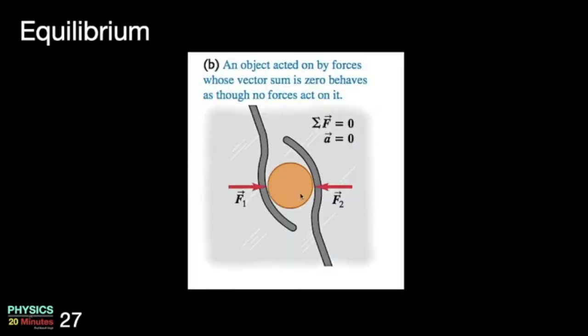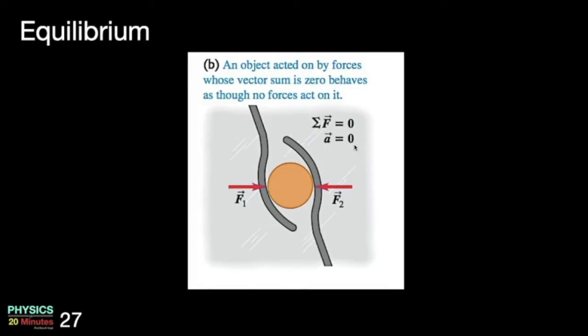So here is an example. For example, on this puck, there are two forces acting from two sticks. One force is acting from this side and one force is acting on this side. And the sum total of both the forces is equal to zero, and therefore acceleration is also equal to zero.